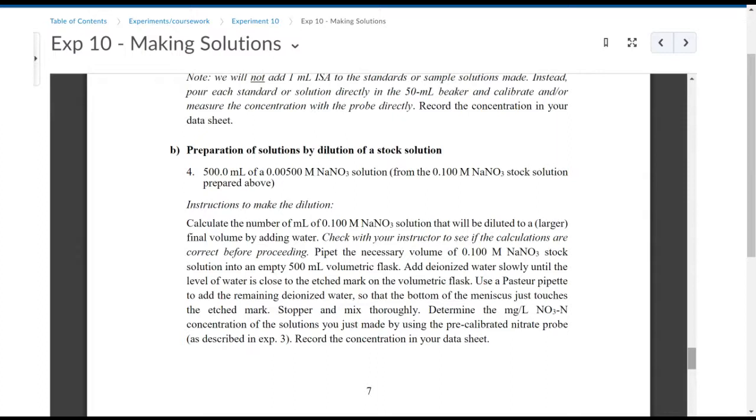So 500 times 0.005 divided by 0.1. Volume is 25 milliliters, right? Is that what you find? And you want to change that to 500 milliliter.